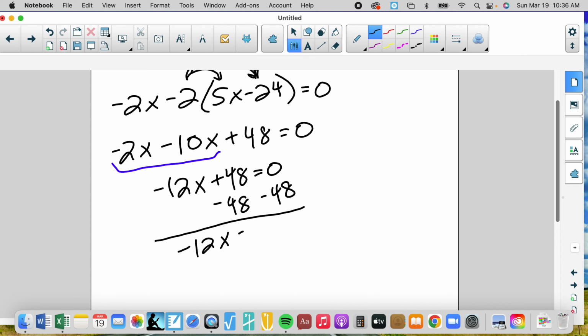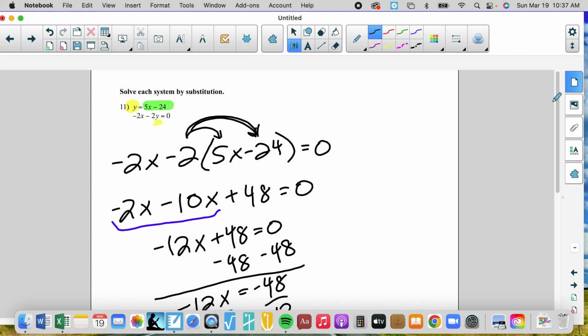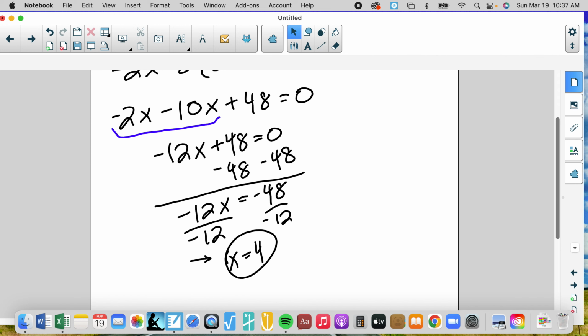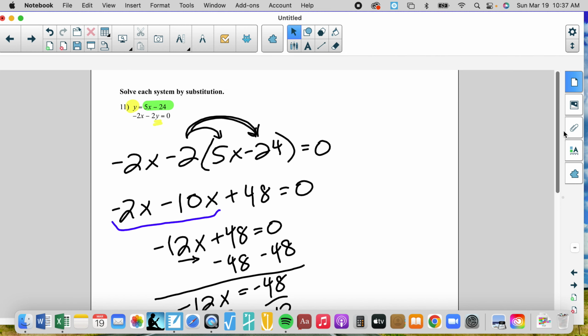Now we're going to isolate. This is a two-step equation. We're going to divide by negative 12, and we get x equals positive 4. Now we're going to take the other equation, since we substituted into this one. Once we found that x value, we're going to substitute it back in to the top equation.